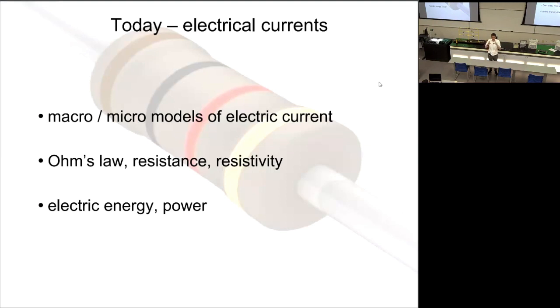Those will be our first topics. Then I want to talk about Ohm's law, resistance, and resistivity. That's really about electrical currents and the quantity of electrical current that flows. And then finally we'll talk about electrical energy and electrical power, because electrical current conveys electrical energy and electrical power.